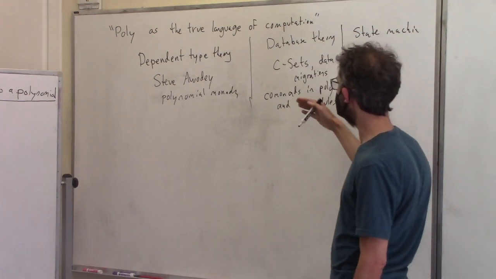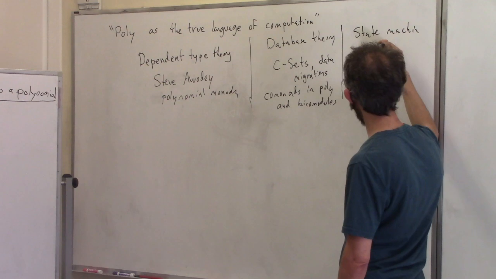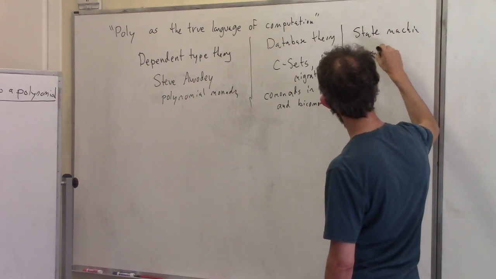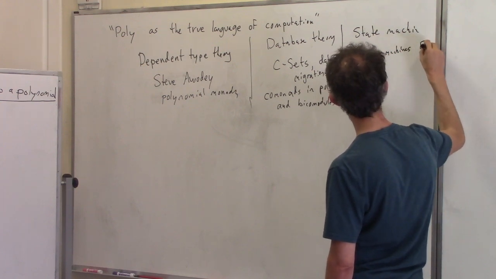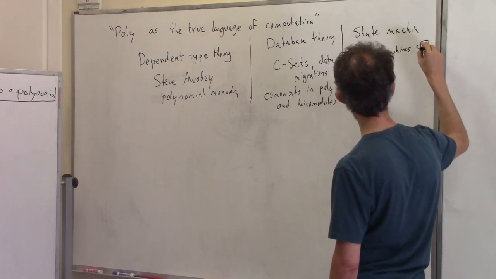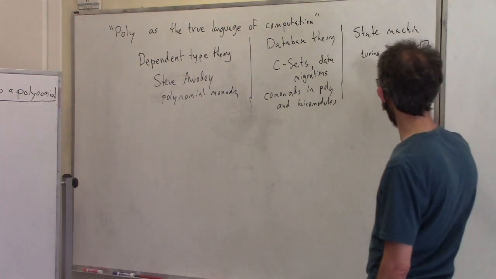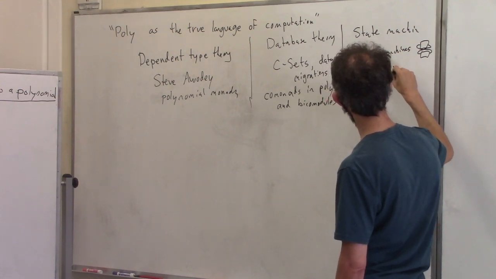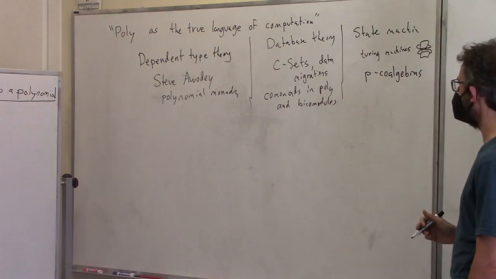And so we're just saying, if we do this in Poly, we get dependent type theory, or we get database theory. And state machines, for example Turing machines, where you have a processor and a tape, and the processor is feeding something to the tape, and the tape is feeding something to the processor, and they're going and doing some stuff. These can be understood as what are called Moore machines or polynomial coalgebras.